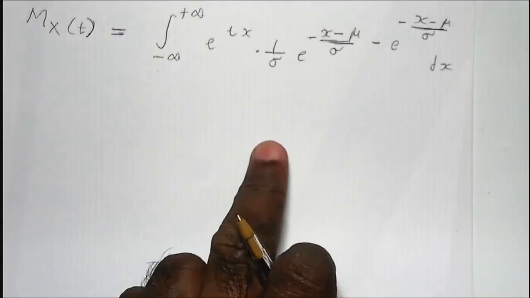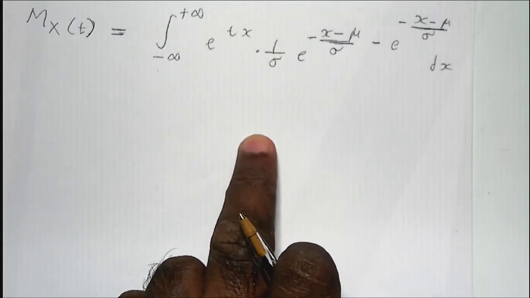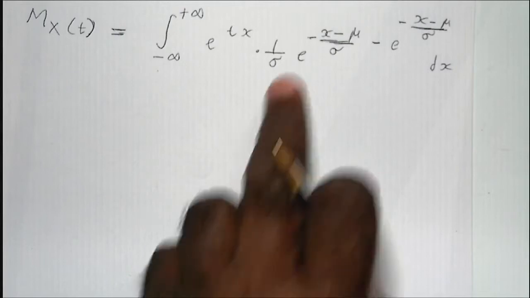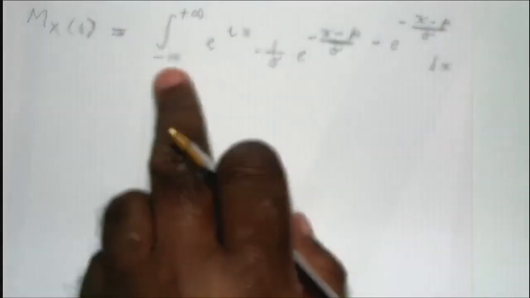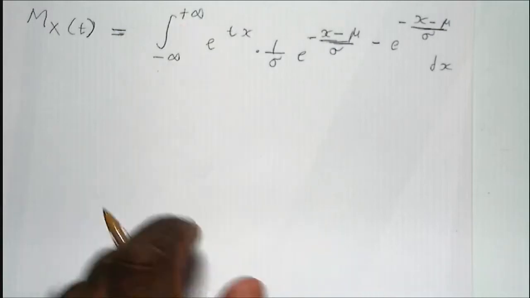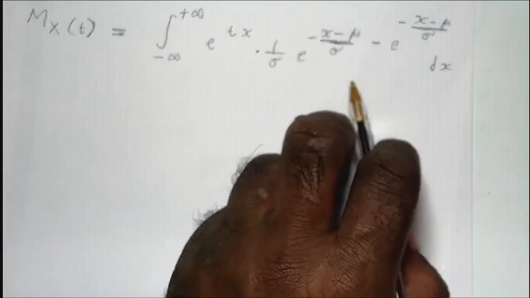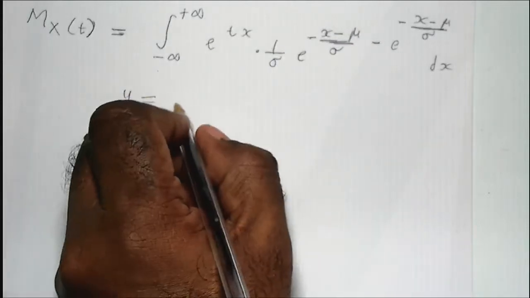Now, this is the definition of MGF, right? This is the PDF. So I have multiplied the PDF by e to the tx, and I want to integrate from minus infinity to plus infinity. Now, obviously, we need a substitution.